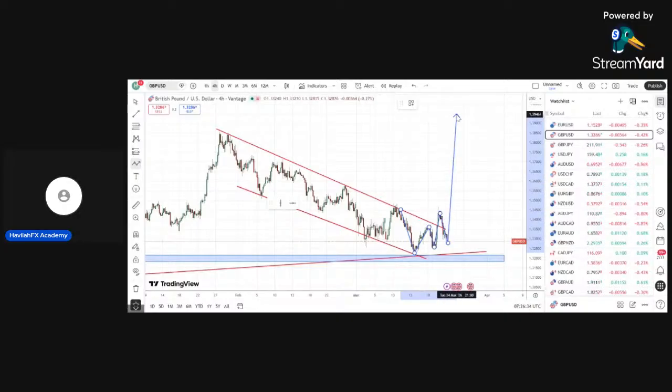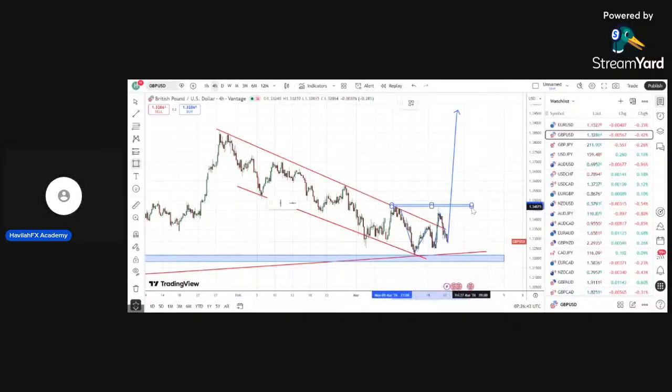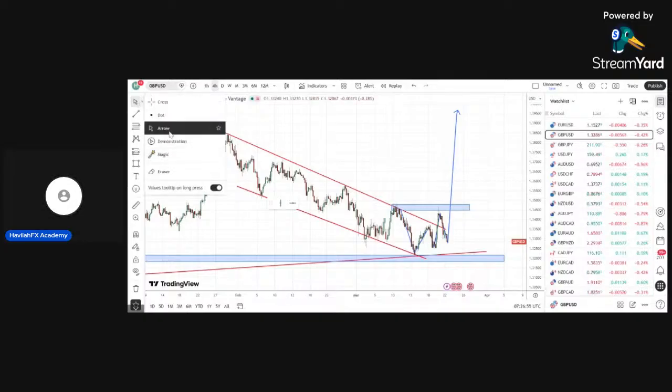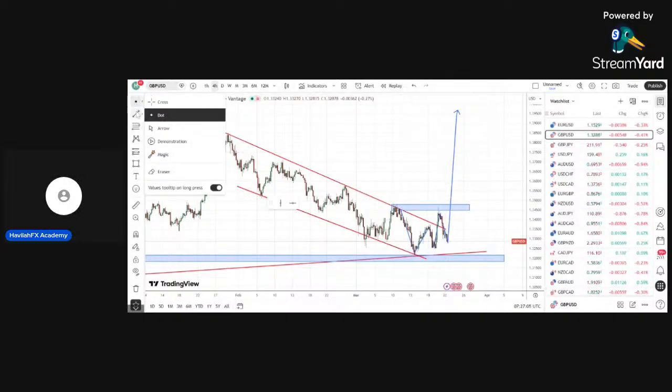Ultimately we're expecting a move to the upside. But there's equally a resistance price needs to break out above before we can trigger a buy. So we're very bullish on the GBP USD. Entry can be made anywhere price breaks out above this particular region here. If price breaks out above this area, that can be our point where we trigger a buy.